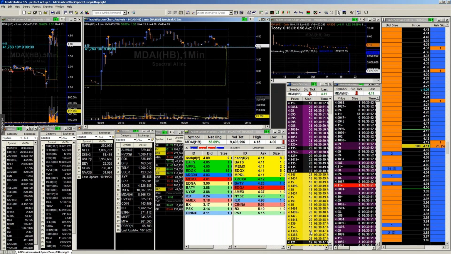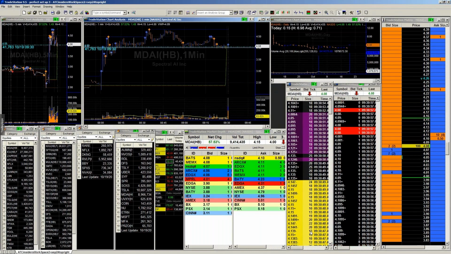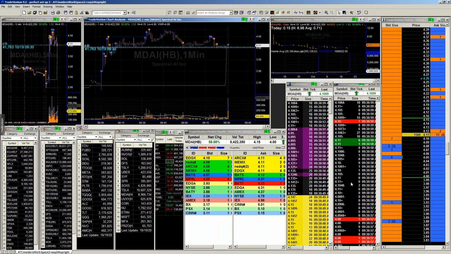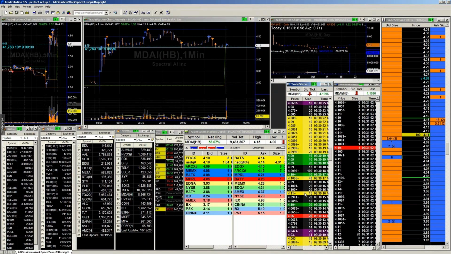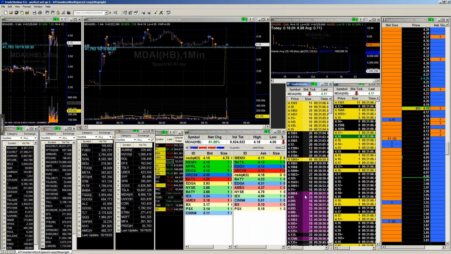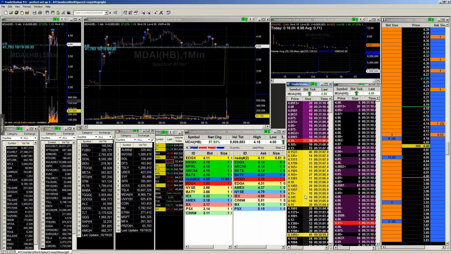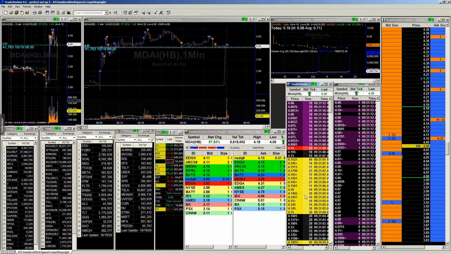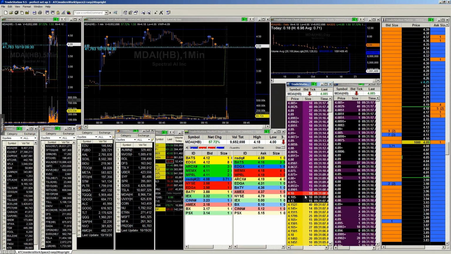You'll notice we have movement right now, but there's no prints yet. Everything's been above the ask, below the bid. Not really showing us a thing yet. Although that's pretty much across the board.